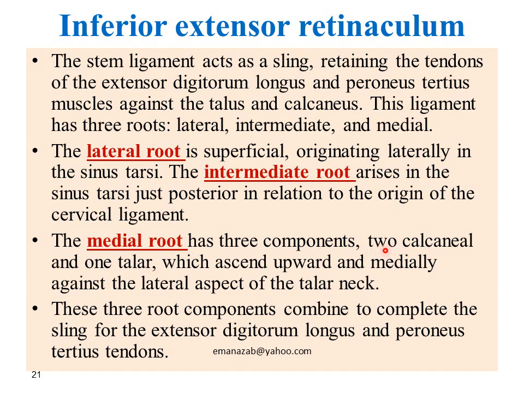That's to say, 2 roots attached to the calcaneus and 1 root attached to the talus. The talar root ascends upward and medially against the lateral aspect of the talar neck. These 3 root components combine to complete the sling for extensor digitorum longus and peroneus tertius tendon.